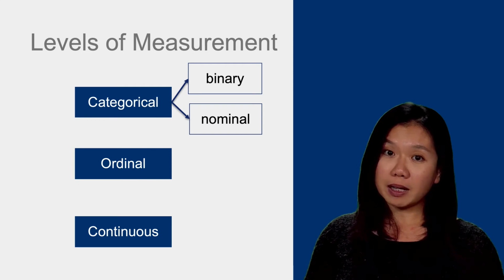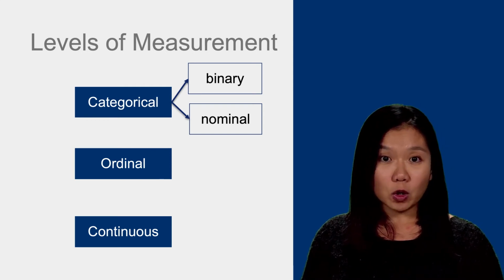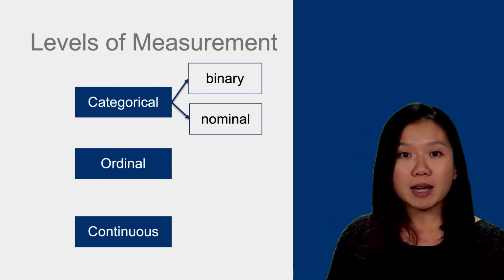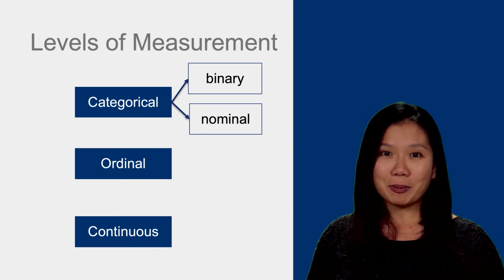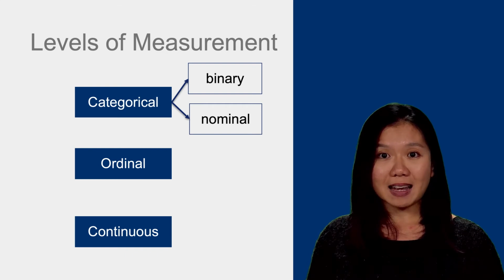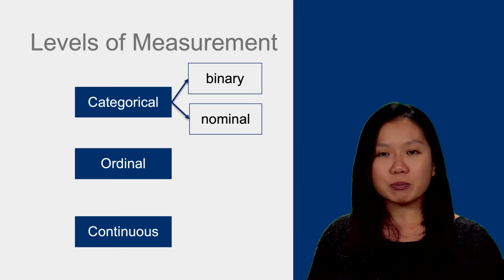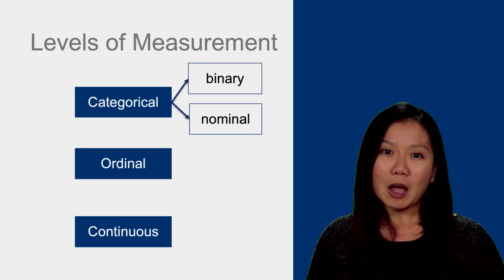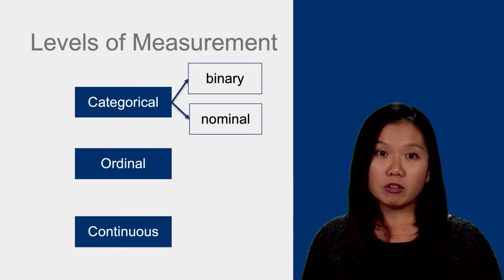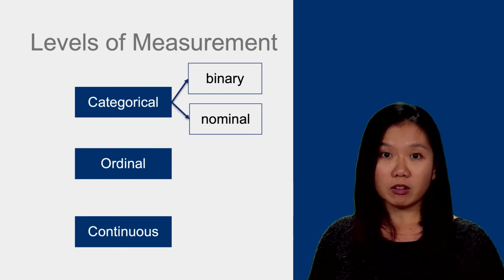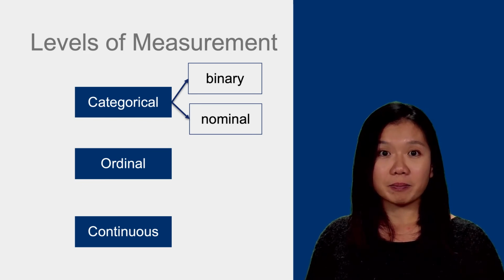For example, being alive or dead, yes or no. If there are more than two categories, the variable is known as a nominal variable. For example, the type of animals, dogs, cats, chickens, and ducks, brands of potato chips. And when the categories have an order, they are known as an ordinal variable. For example, the order of winners in a course.